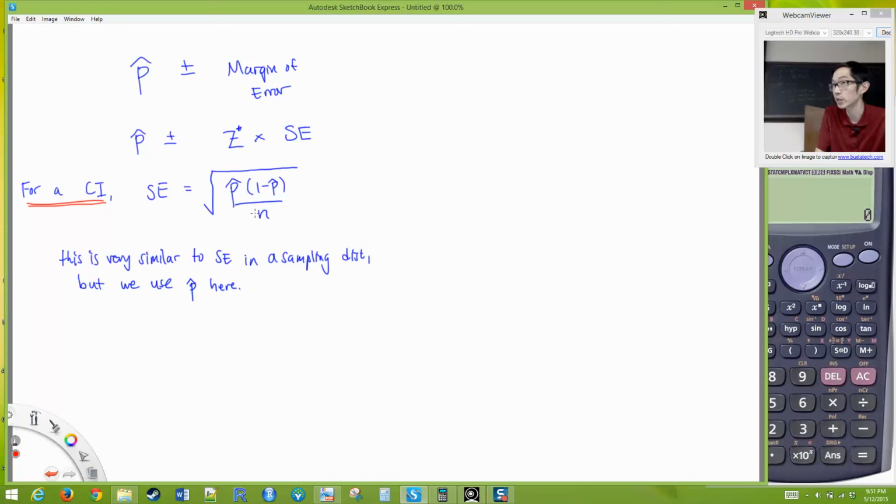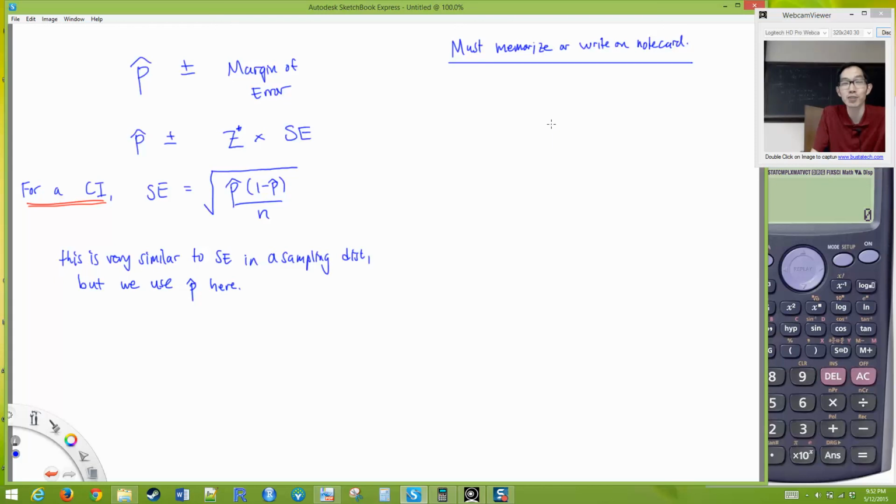So what do we do about this z star? These are just numbers you must memorize or make sure you write on your note card. If you show up next week and you don't have these numbers memorized or on your note card, I'm just going to say, sorry, I warned you.